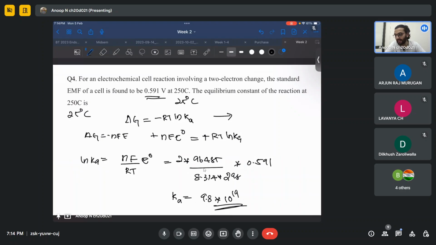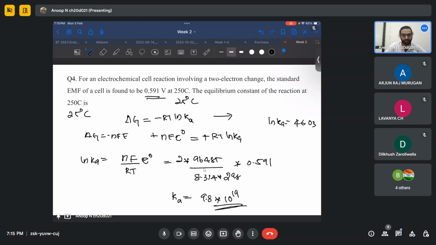So the ln Ka value is 46.03. You have to take e power that value. e raised to 46.03 is 9.78 into 10 raised to 90.